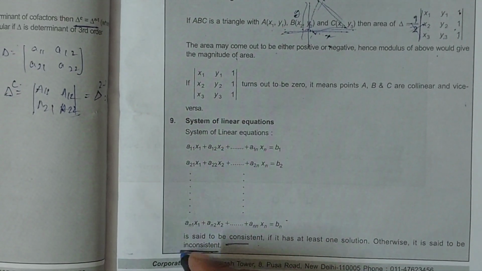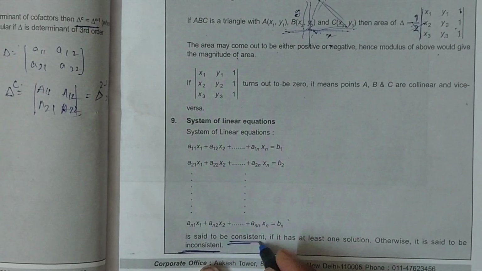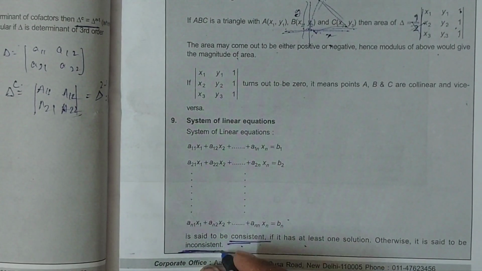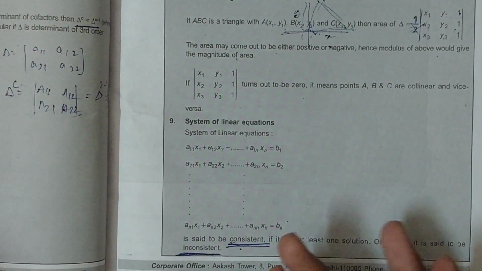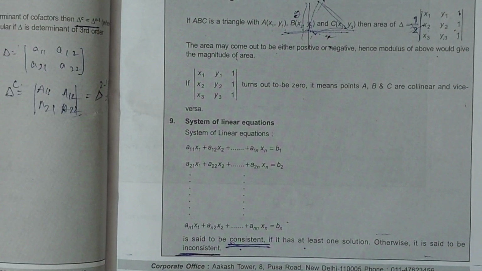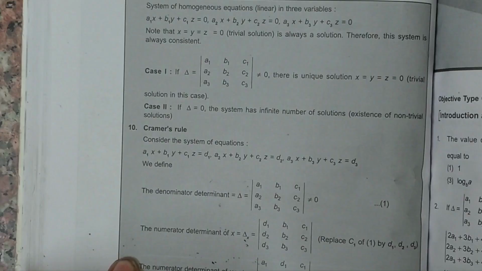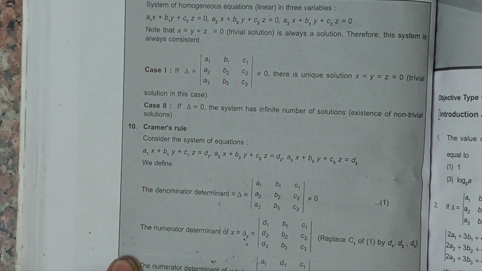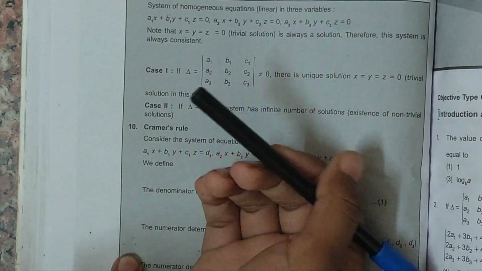If there is at least one solution, it can have 2, 3, it will still be called consistent. But if it has no solution, it's called inconsistent.